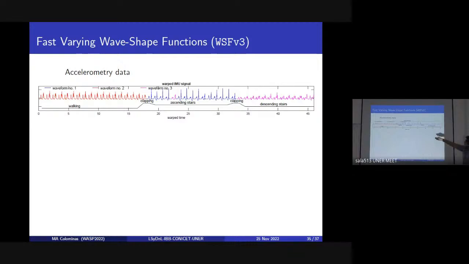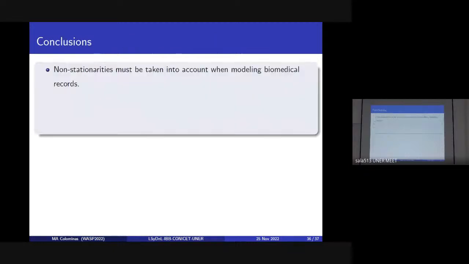One mistake here, but we can all agree that this waveform is very different from the other ones. So again, this algorithm was useful to segment the signal and to detect different activities for the patient.